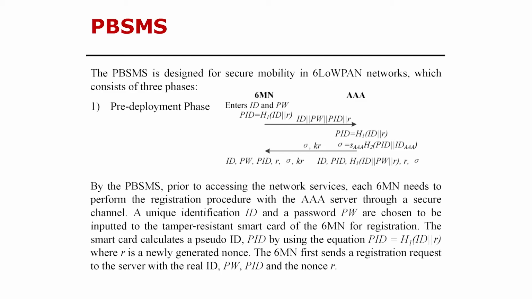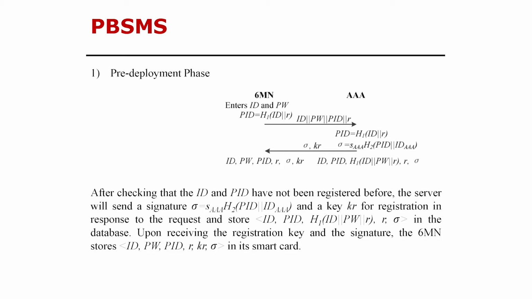In this phase, basically, the AAA server distributes secret information to mobile nodes and 6MACs and so on. This is the period for the AAA server to prepare and distribute the keys before the operation of the system.